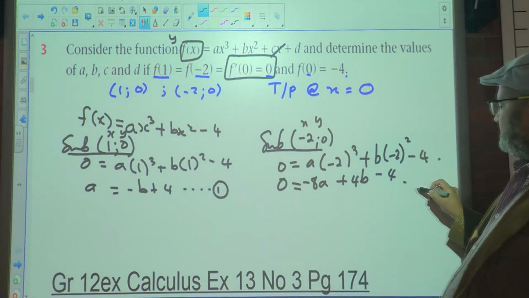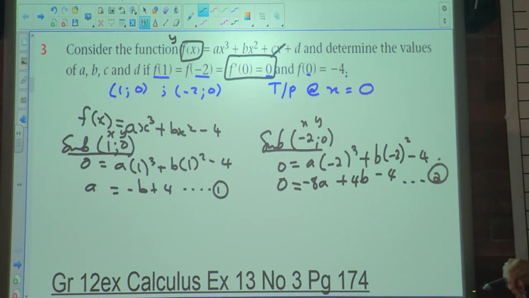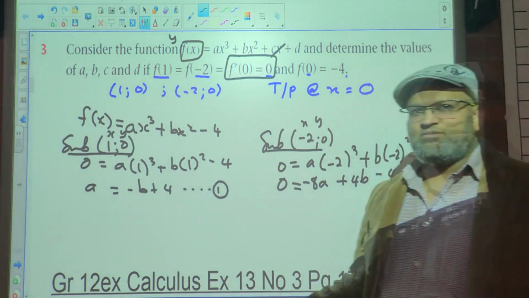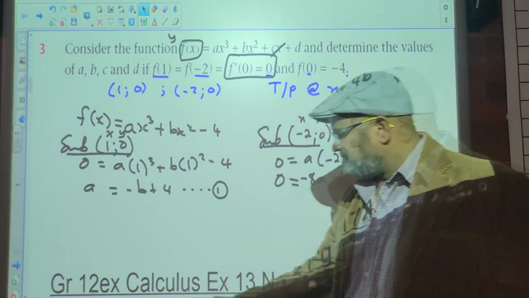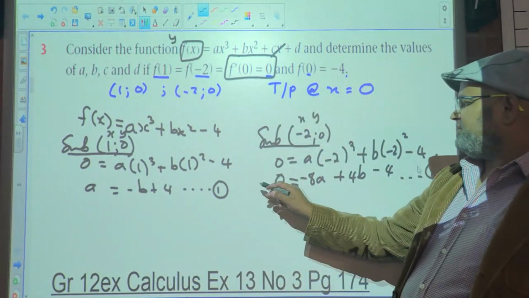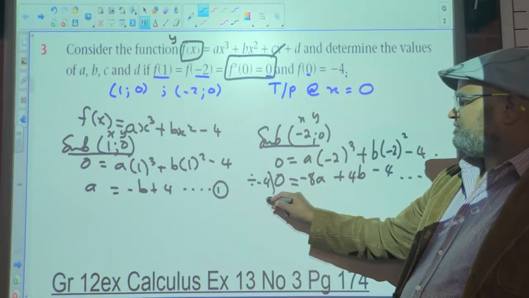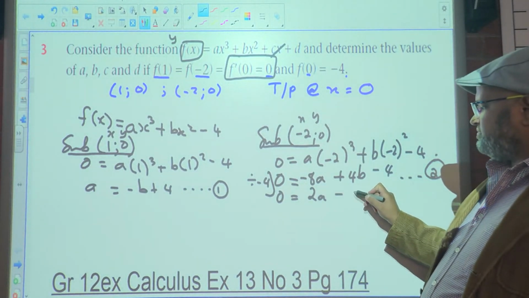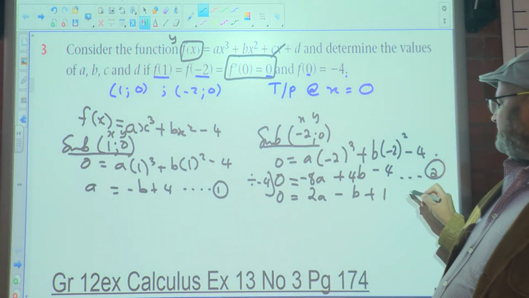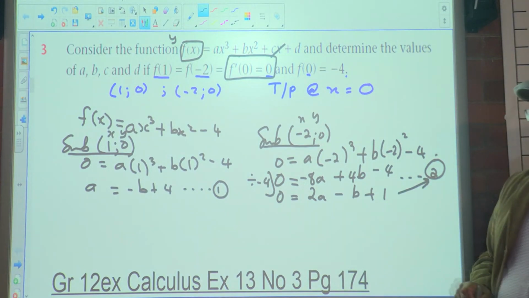That's the equation. I can actually go further and divide everything by 4. We'll agree with that? We'll make the sum a bit easier. So divided by 4, it's going to give you 2a minus b plus 1. And this is equation 2.